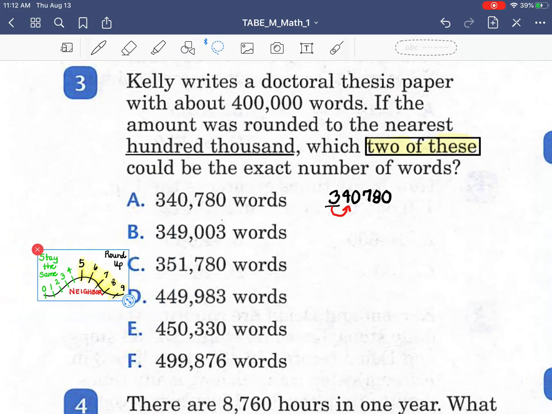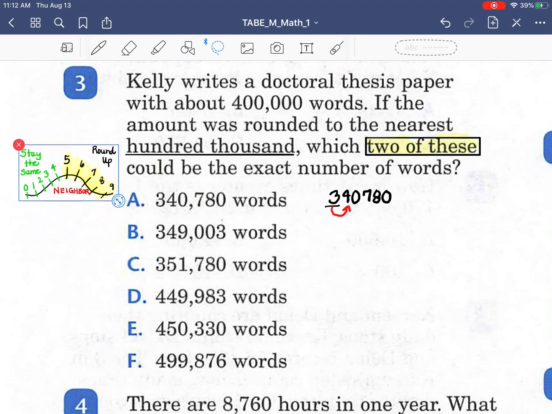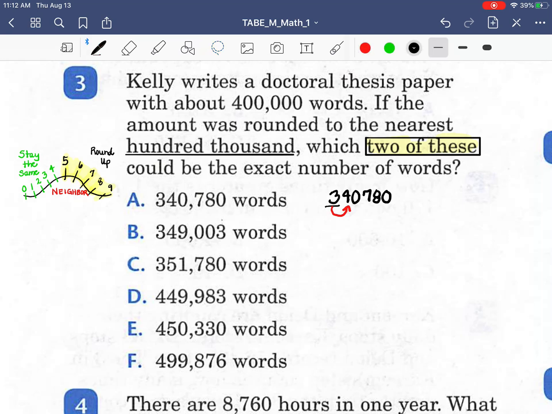Here we go. Let's put our rounding rule right here where we can see it. So the neighbor is in the stay the same range. So what that tells me is that my underlined part is going to stay, and the neighbors all round off. So A rounds to 300,000.